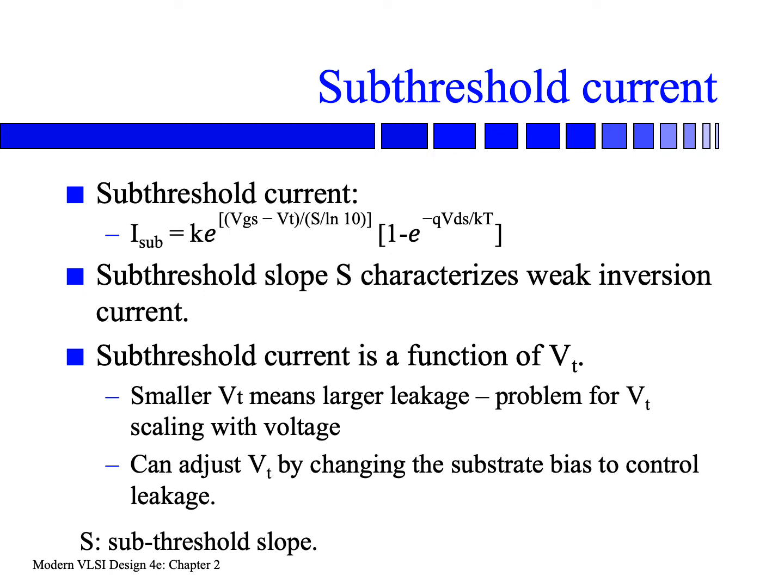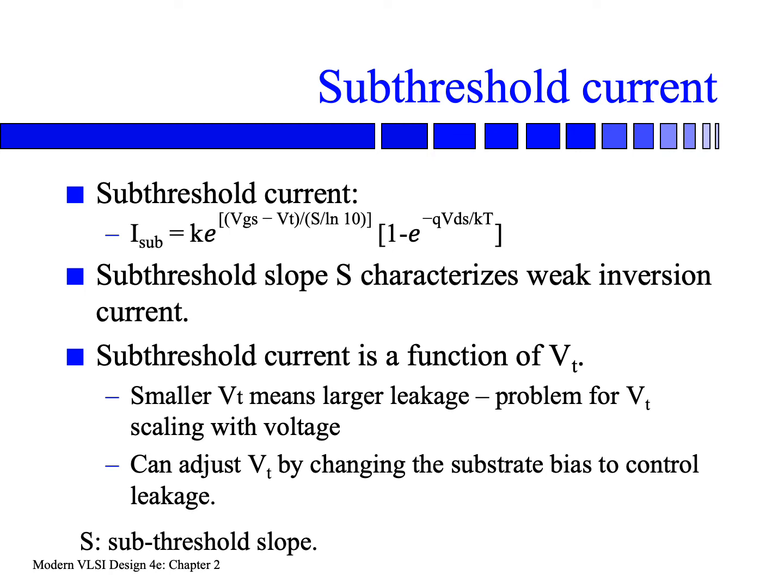In general, as we can see from this formula, if we have a smaller VT, because VT is in the exponential part of the formula and also has a minus sign, a smaller VT with a minus sign actually means the current is bigger.